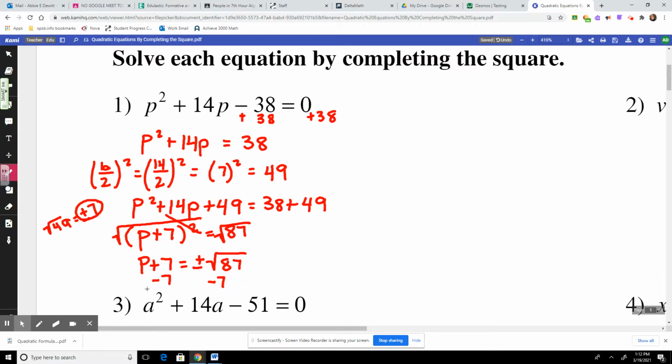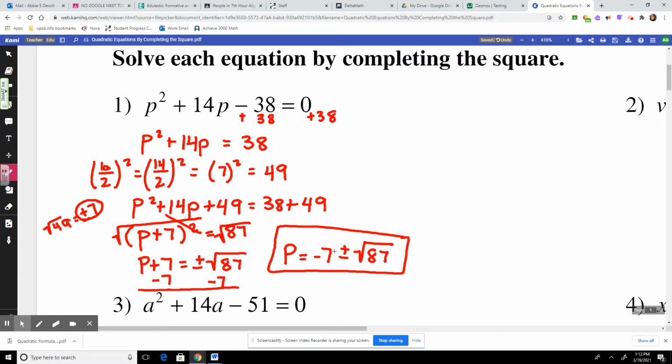I'm running out of space here, so I'm just going to rewrite it here. You end up getting that p equals negative 7 plus or minus the root of 87. And that is your answer. So your two solutions are negative 7 plus the root of 87 and negative 7 minus the root of 87.